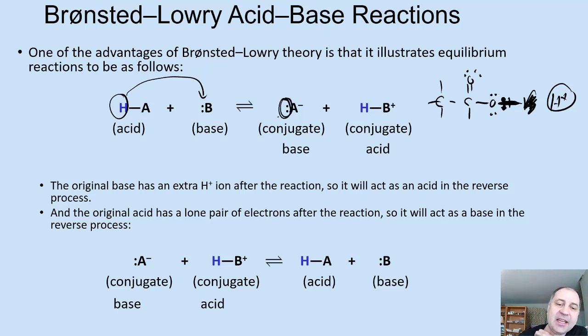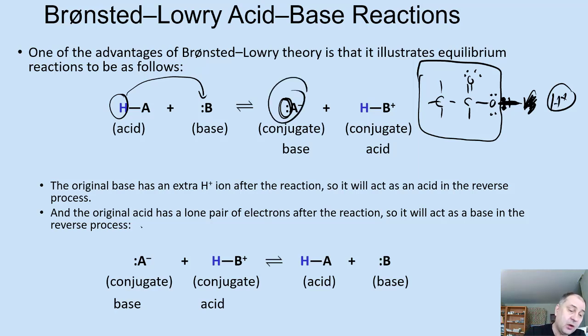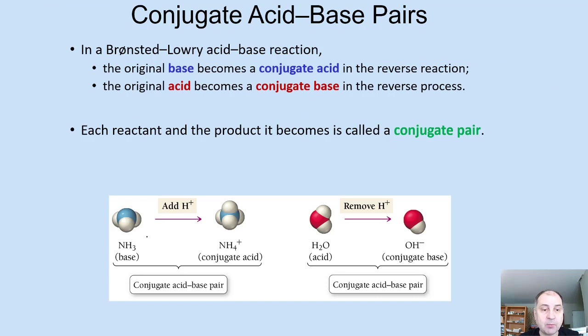That's what's indicated here by these two dots on the A minus, and that makes this entire thing A minus, which can then act as a base and do that same thing. The conjugate base reacts with an acid in the same fashion. So this is just to reinforce what I've said already.